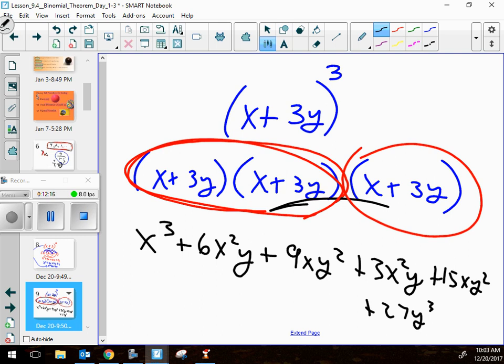Okay, so then there's some concerns about your answer. Let's look and see if there's any that can be combined. If those are the same term, then you could put them together, right? Okay. So should that make 9x squared y?